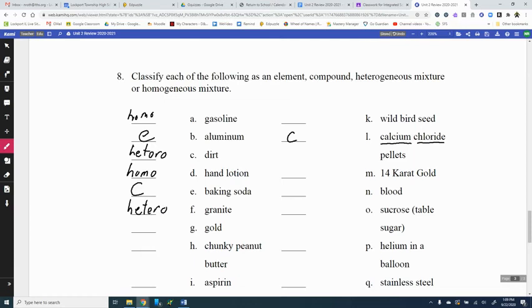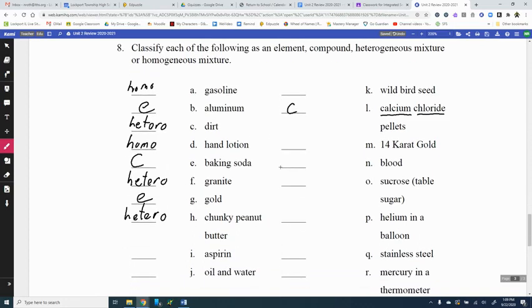Gold is on the periodic table of elements. So that is an element. Chunky peanut butter is a mixture. And since you can see the chunks in the peanut butter, that is hetero. Now, if it was creamy peanut butter, that would be homo because you wouldn't be able to see the different parts.